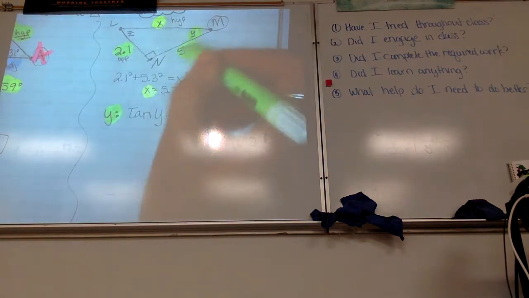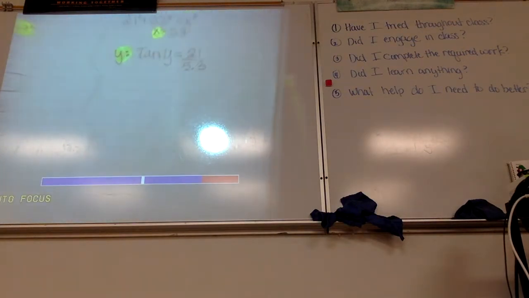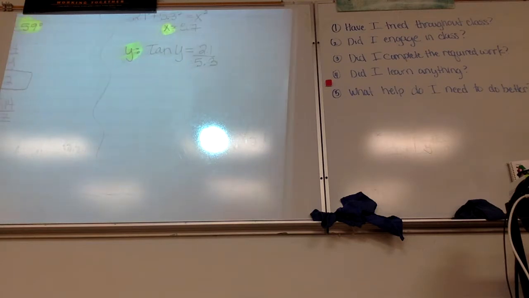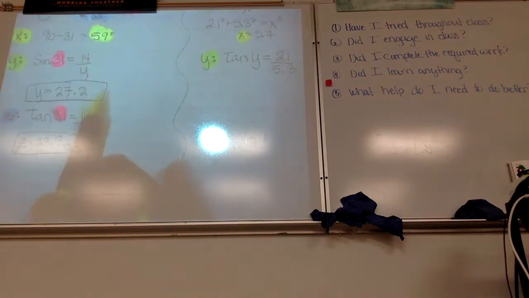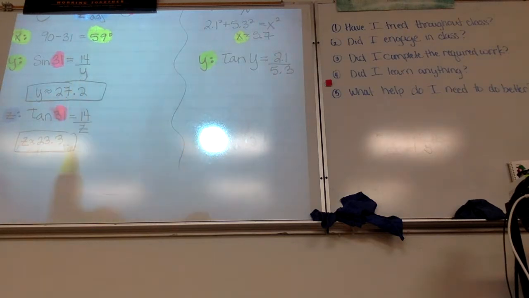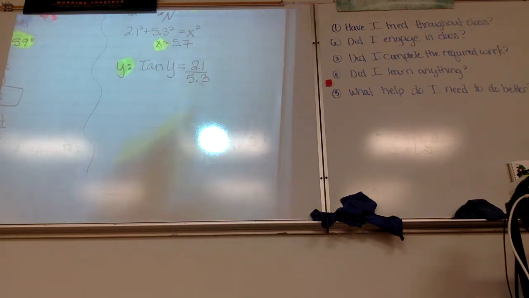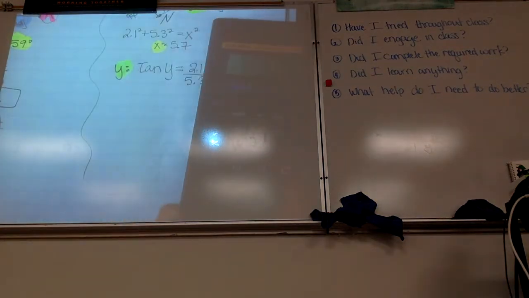So 2.1 over 5.3. The way to know that you're using inverse is because now you don't have a variable there. Over here, in these cases, I had 14 over y and 14 over z. So both of those had a variable. Here it doesn't. So 2.1 over 5.3, you can just divide in your calculator and then hit second or shift tan. So try it out, see if you get it right.